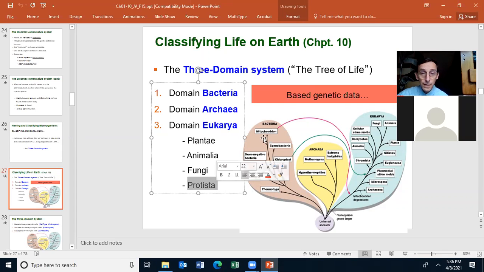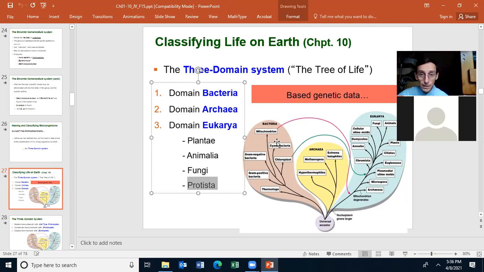So, like I said, we have the classification of living organisms, and we classify all living things into 3 domains: the bacteria, the archaea, and the eukarya. You then can divide the domains into kingdoms.